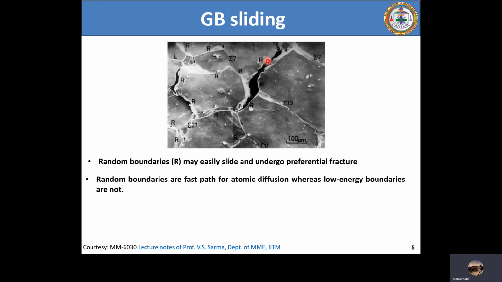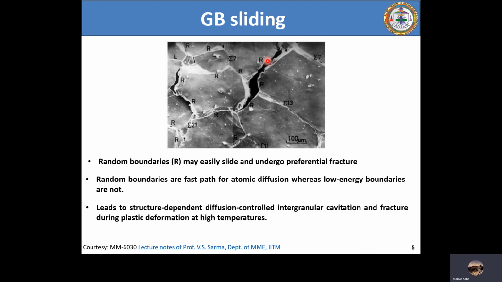As a result, they are a bit more close packed as compared to the random boundaries. That's the simplest explanation I can give for atomic diffusion.